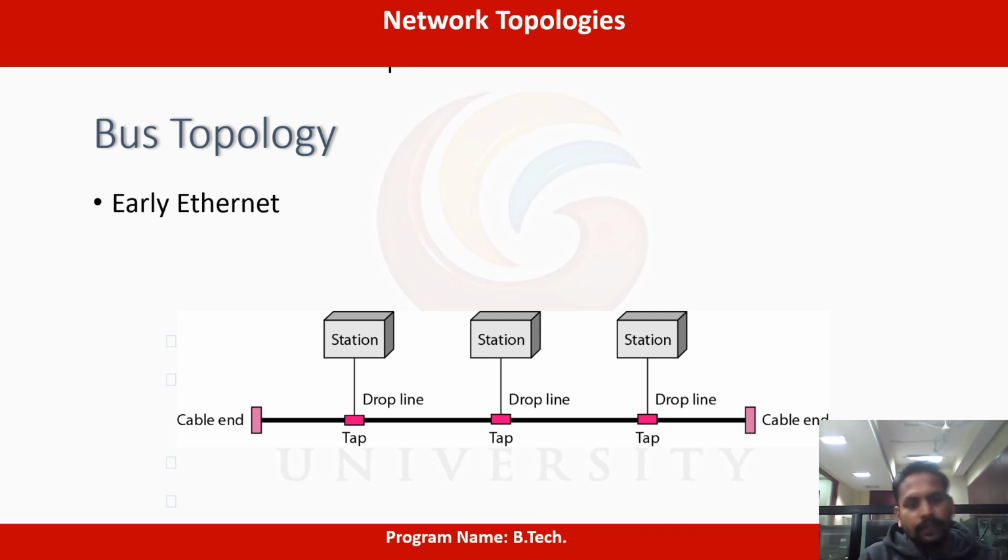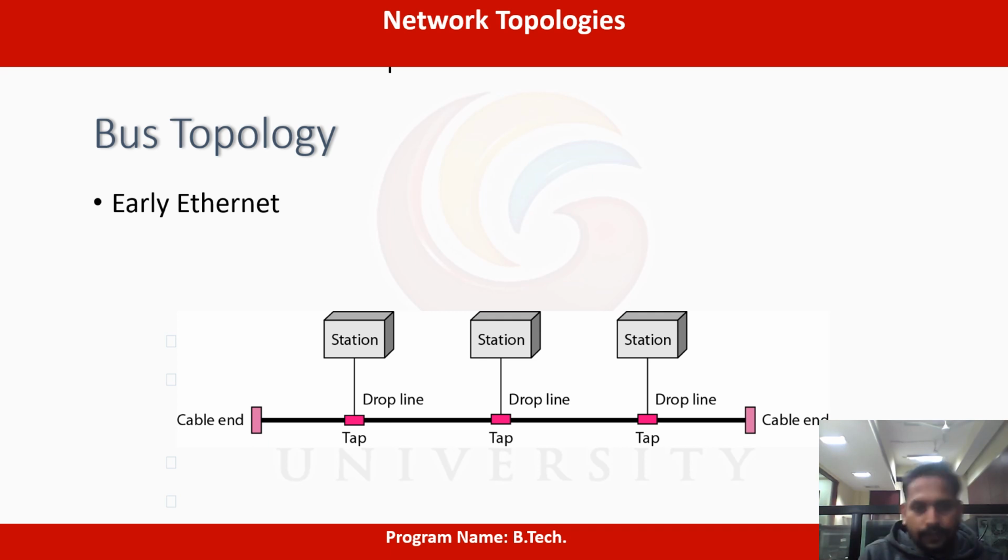And one more problem is just like our ring topology. If any communication link breaks between two stations, the entire network will suffer, because that backbone line is the only wire which connects all the stations, right?